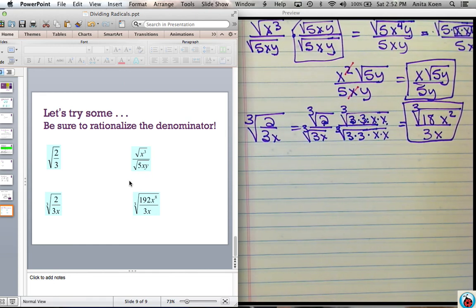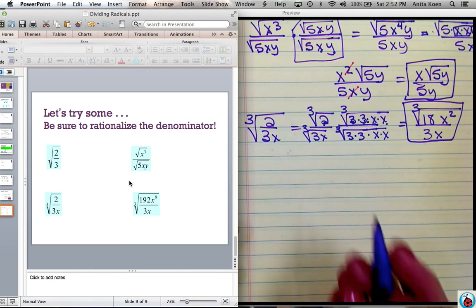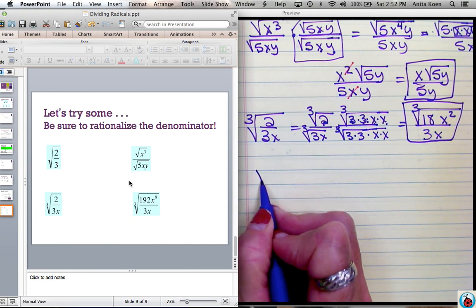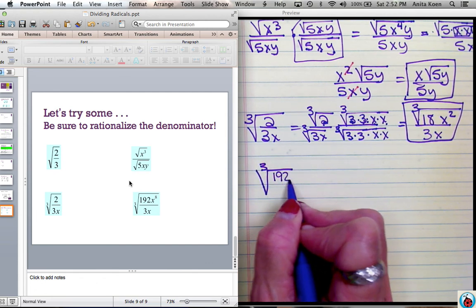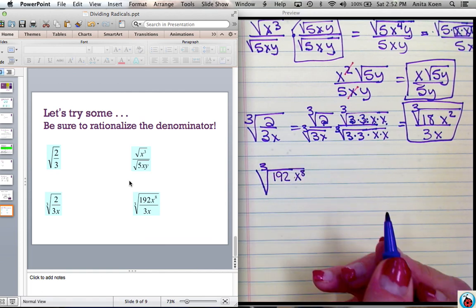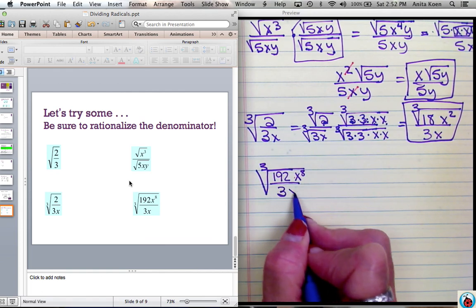Okay, let's look at the last one. 192, that's the cube root, right? So the cube root of 192x to the 8th divided by 3x.